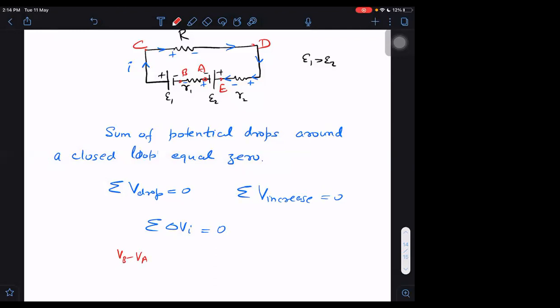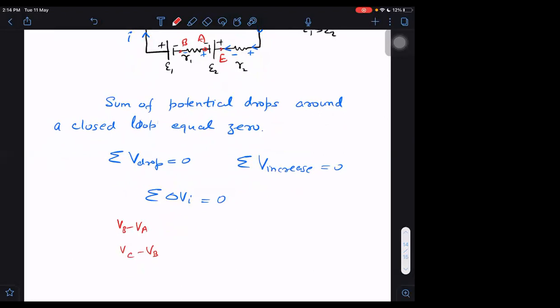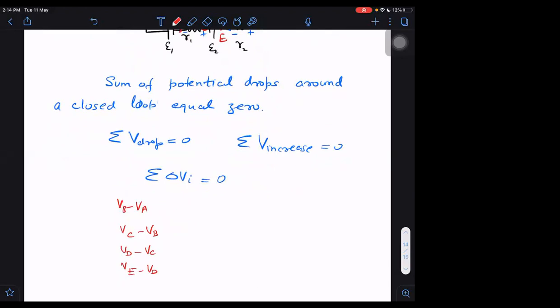That is IR1. What is the potential difference across VC minus VB? What is VD minus VC? What is VE minus VD? And what is VA minus VE?